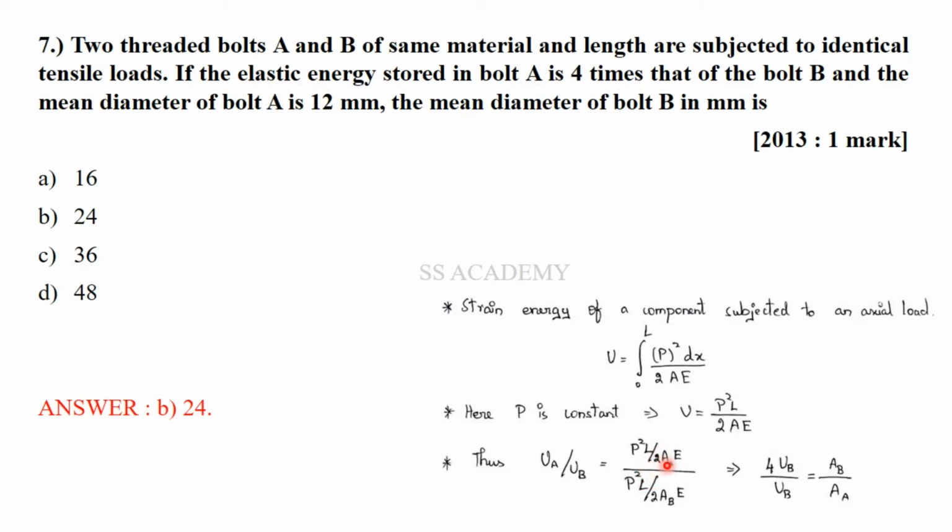So only the area varies. So it will be 1 by AA by 1 by AB, so it will be AB by AA. Pi by 4 gets cancelled. It will be dB squared by dA squared, where dB is the diameter of bolt B and dA is the diameter of bolt A. Just by solving, you will be getting the diameter to be 24 mm.